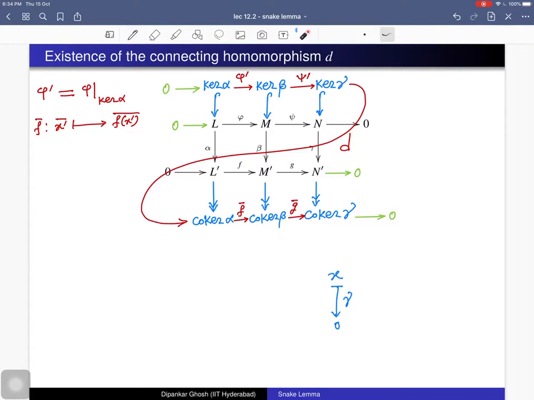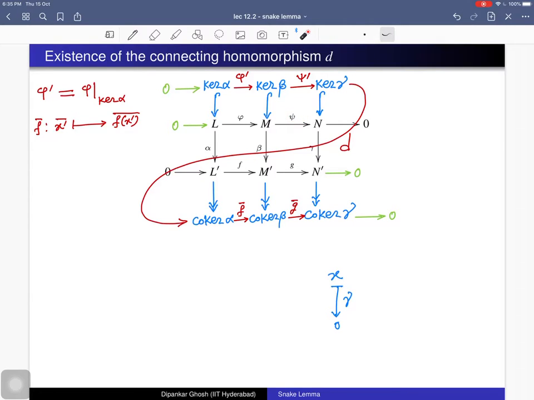So, we are considering an element in kernel gamma, and we just have to find an element in co-kernel alpha. How can we find that? Starting from here, how do we get an element here? We can use this diagram. This sequence is exact, it is given. Therefore, psi is surjective, we can use that.